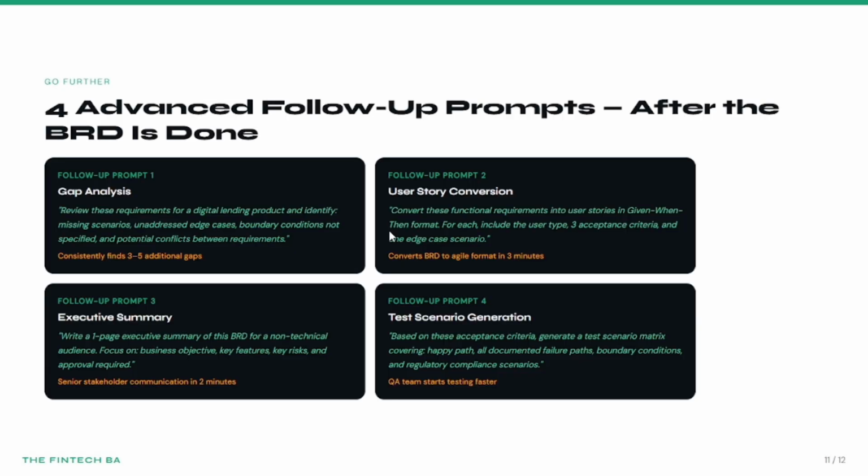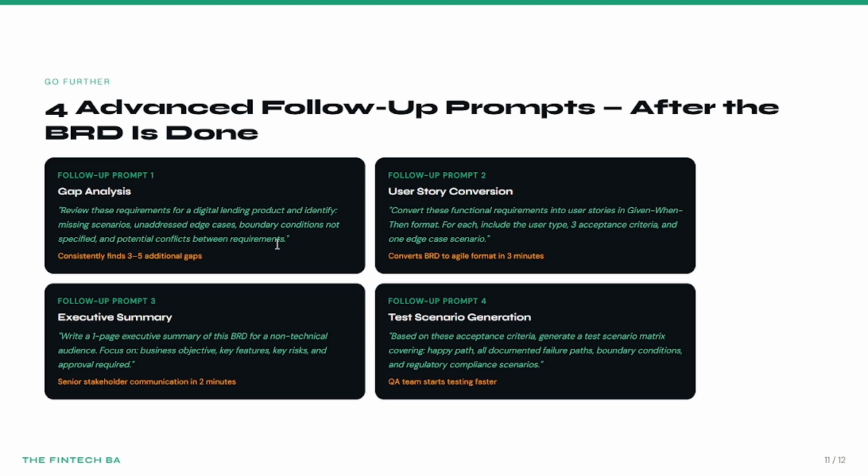Again, I have mentioned the four follow-up prompts as well. This is also mentioned in the notepad text. So I would put the link of this, and you would get it. So the first prompt is gap analysis, and the second prompt is user story conversion. What I have written: review these requirements for a digital learning product and identify missing scenarios, edge cases, boundary conditions not specified, and potential conflicts between the requirements.